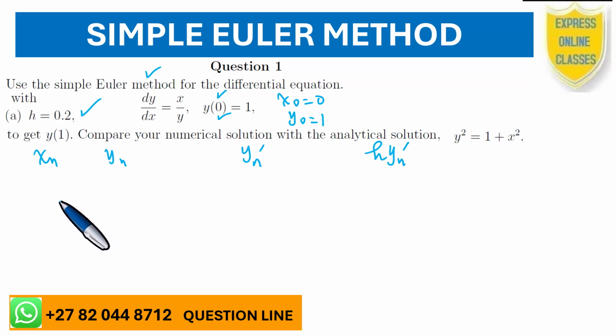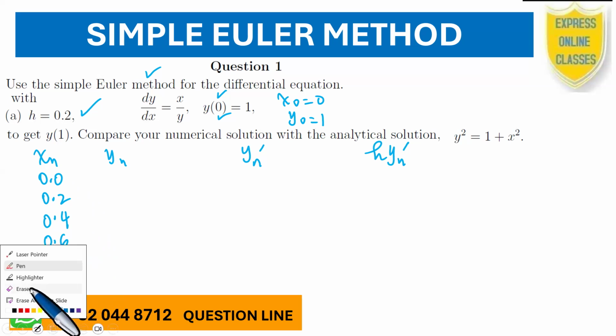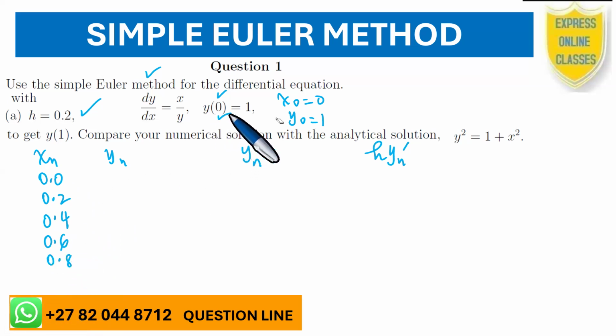So now our x0 becomes 0.0. Add 0.2, 0.4, 0.6, 0.8, 1.0. We're just starting with 0 and adding 0.2.